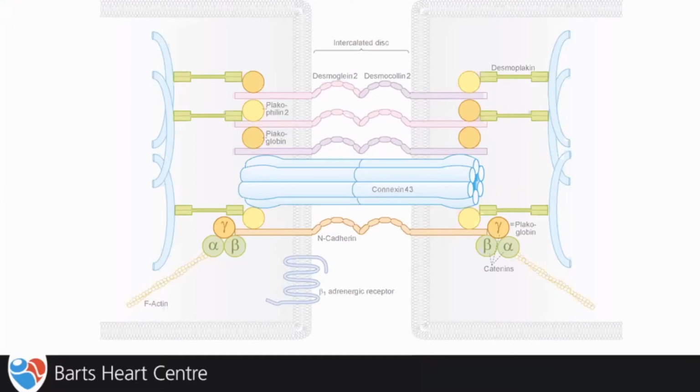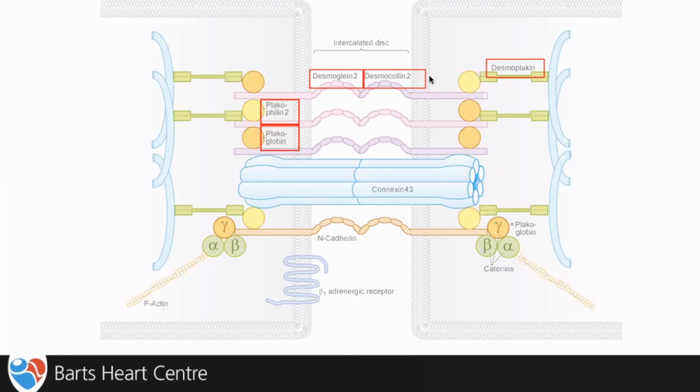And this is the desmosome. Essentially, the desmosome is the area that connects the heart muscle cells to each other. It's very important for a couple of functions. One is to keep the cells together, which is important for the function, but also to transmit the electrical activity and the conduction between the cells, which is also important for the function of the heart. You can see here, marked in red, the most important proteins where we know mutations can cause arrhythmogenic cardiomyopathy.